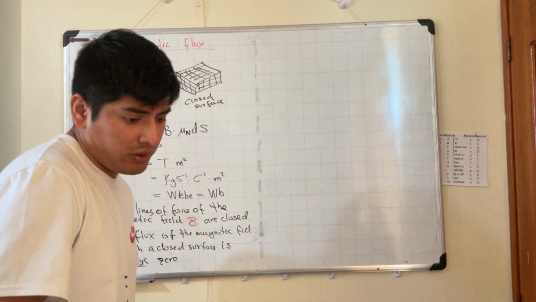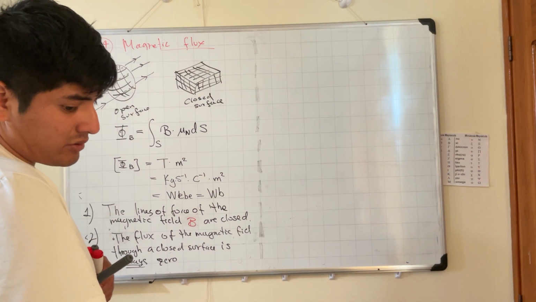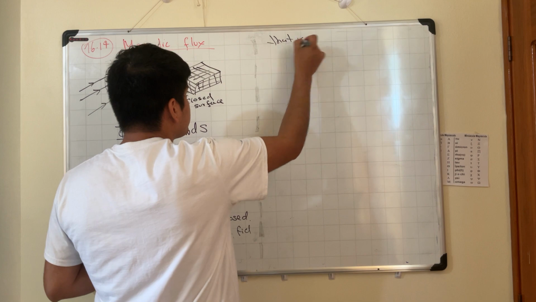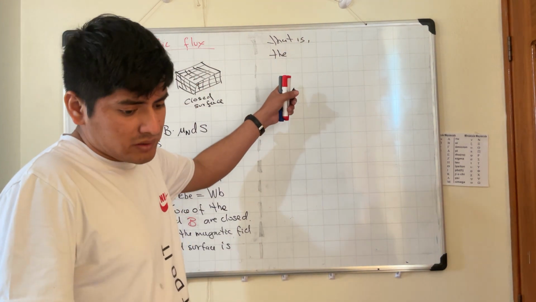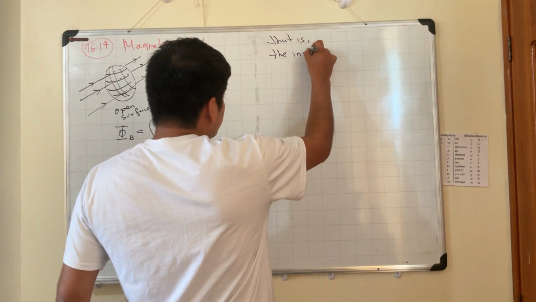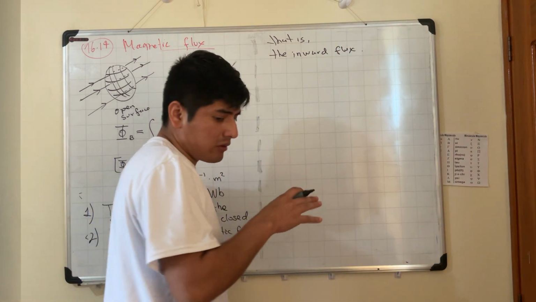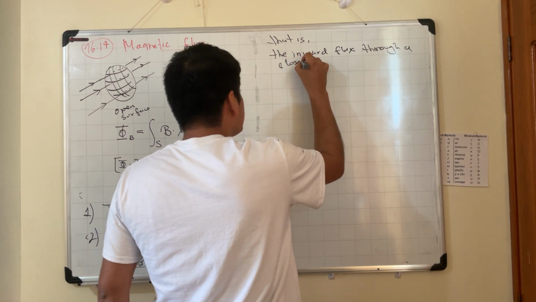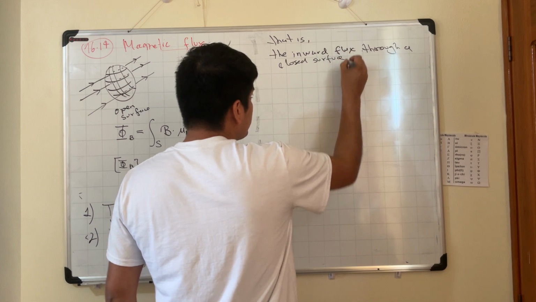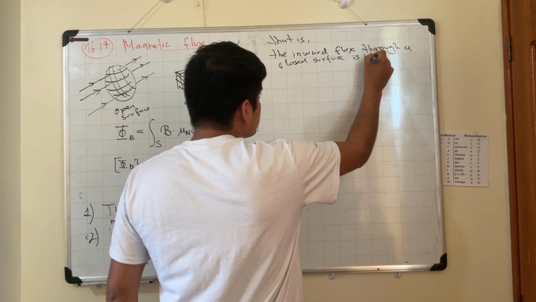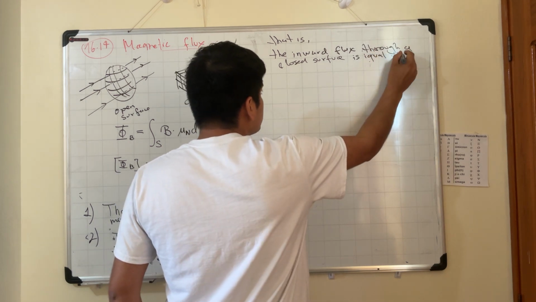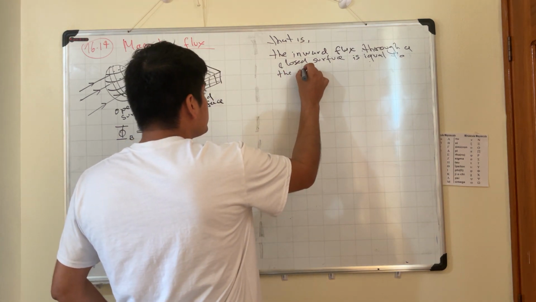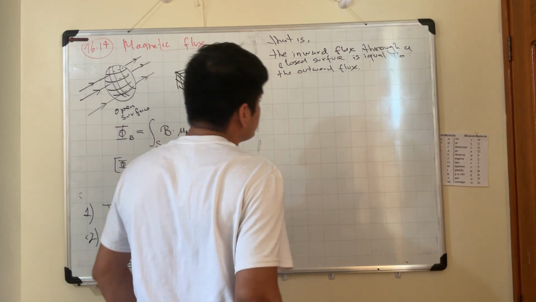That means that the inward flux through a closed surface is equal to the outward flux.